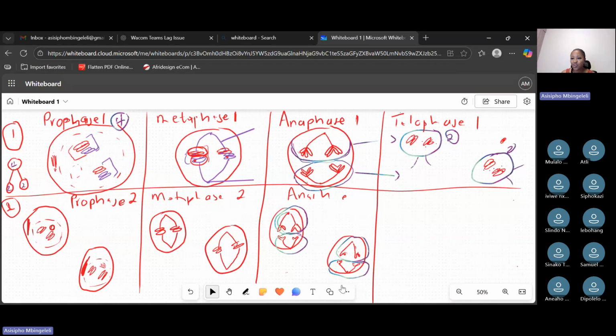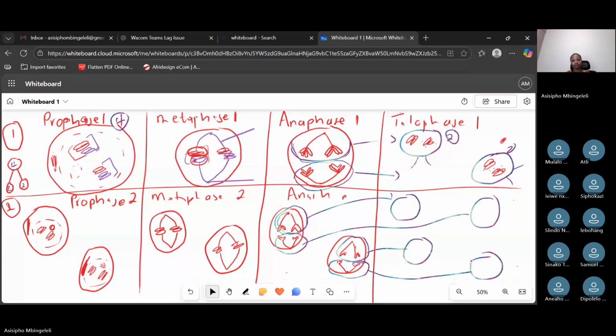So that means at the end, we are having how many cells? This will be a cell. This will form a cell. These ones will be on their own cell, and these ones will be on their own cell. Now let's look at the chromosomes here. Let's draw them.